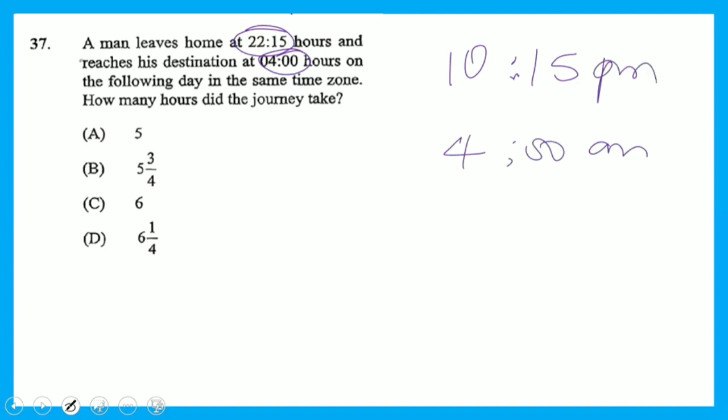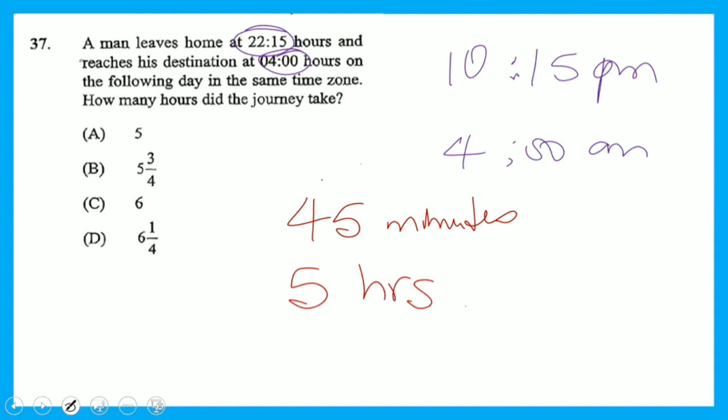And some persons will do this just using their heads, simply saying from 10:15 to 11 o'clock, that's 45 minutes. And then from 11 o'clock to 4 o'clock, that's 5 hours. So the entire journey is 45 minutes, and it's 5 hours and 45 minutes.